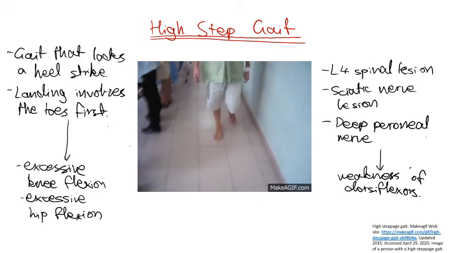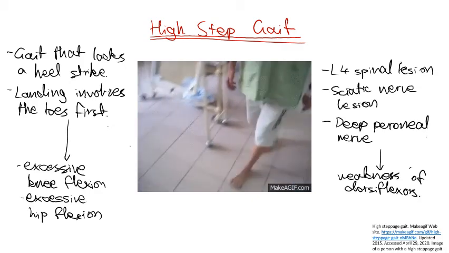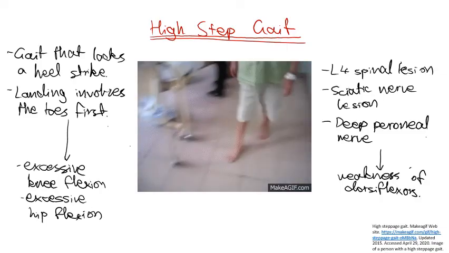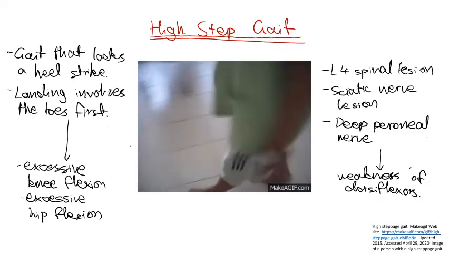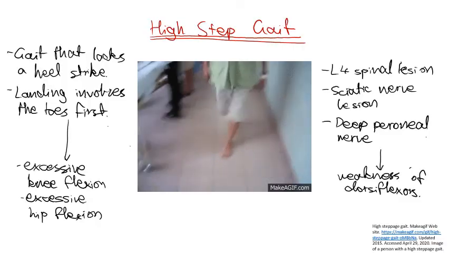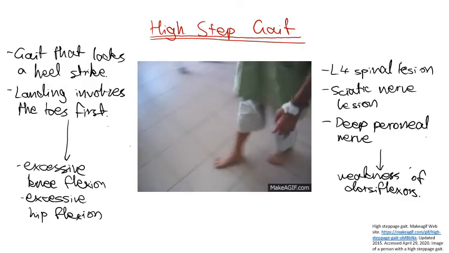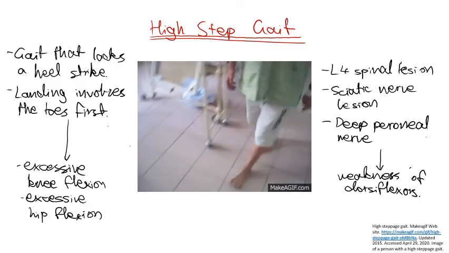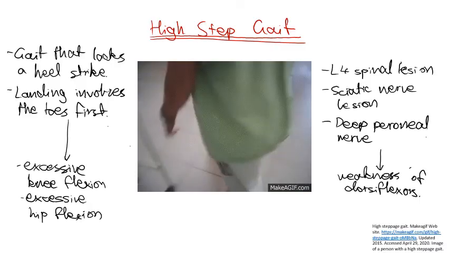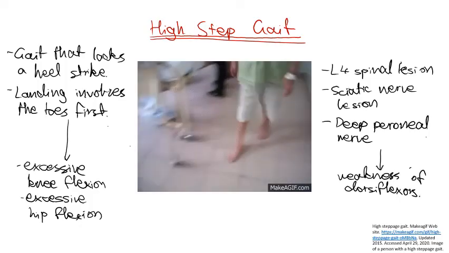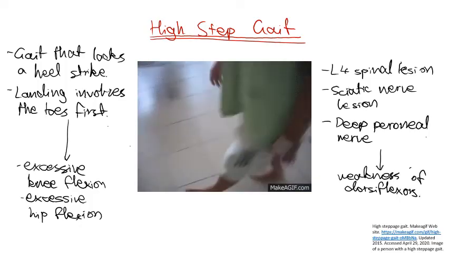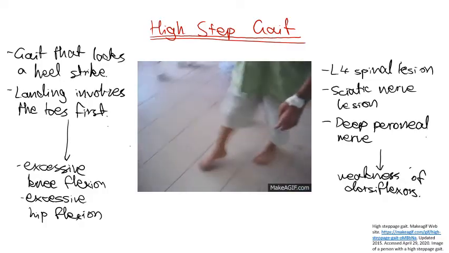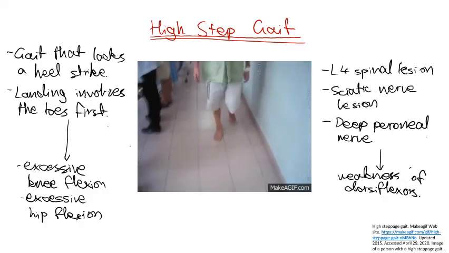Alright, so in this video we've gone through a series of gait abnormalities. Firstly, we started off with the ataxic gait, which is when a person experiences excessive strain and an inability to walk properly due to a pain in their leg. We secondly looked at the circumduction gait, which is when the person swings out their leg in a circular manner excessively, which is due to pain in their legs as well as weakness.